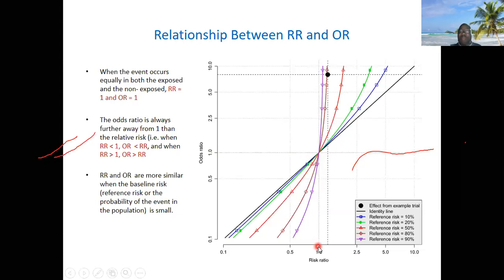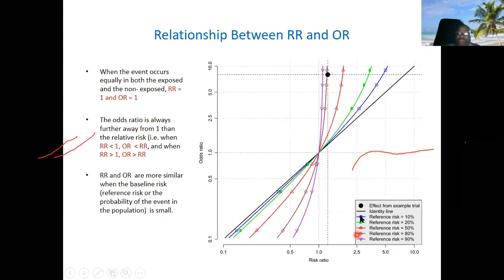They are the same. But when the risk is greater than 1, to the right side, odds ratio will be greater than relative risk. Look at it now. Let's trace this one, and this is relative risk 2.5. If you trace it up, where does it meet this green? It meets at more than 2.5. Can you see?